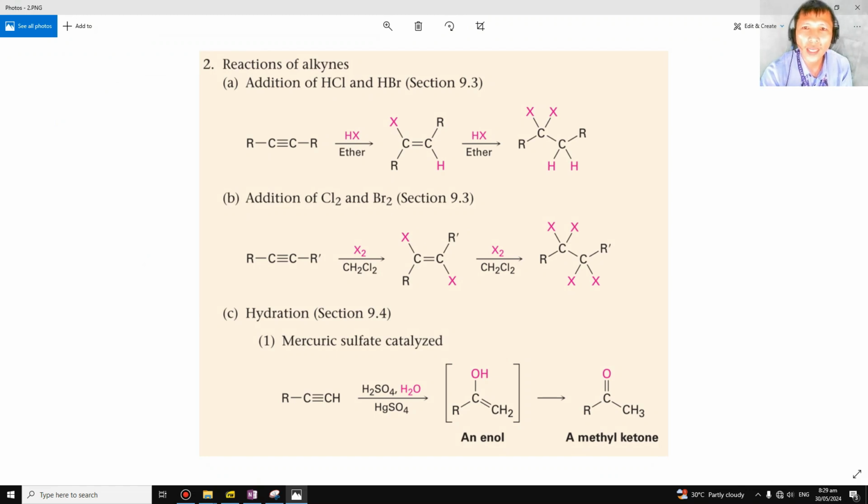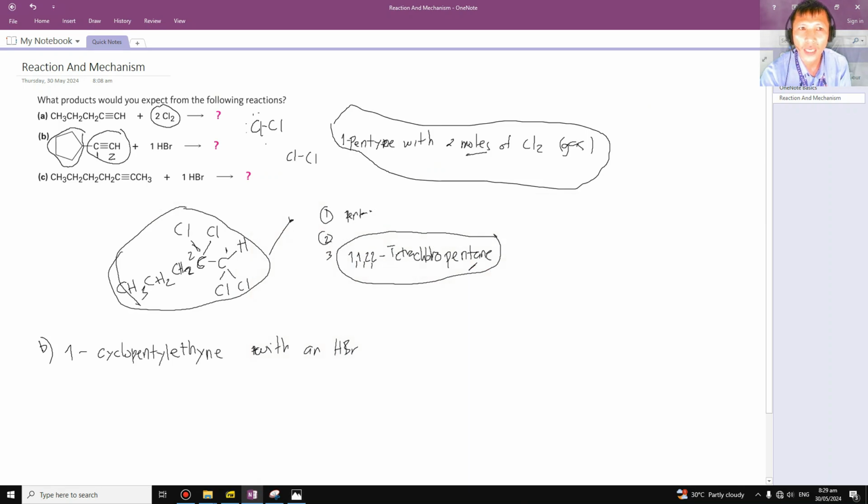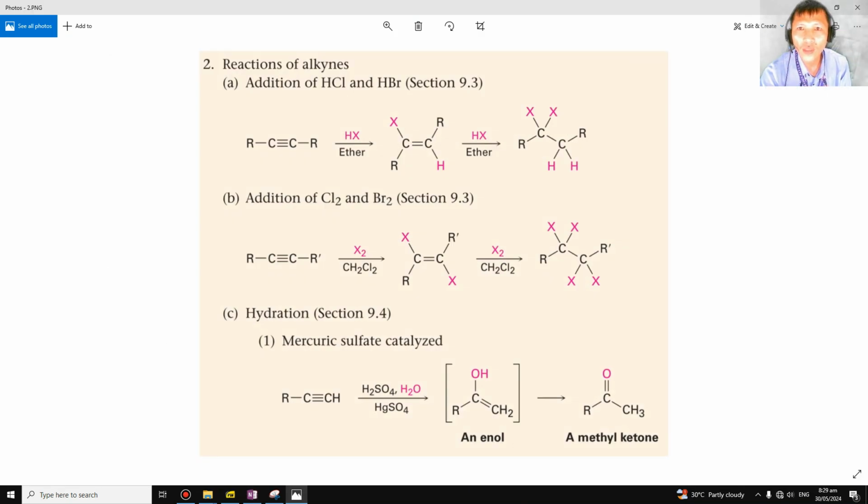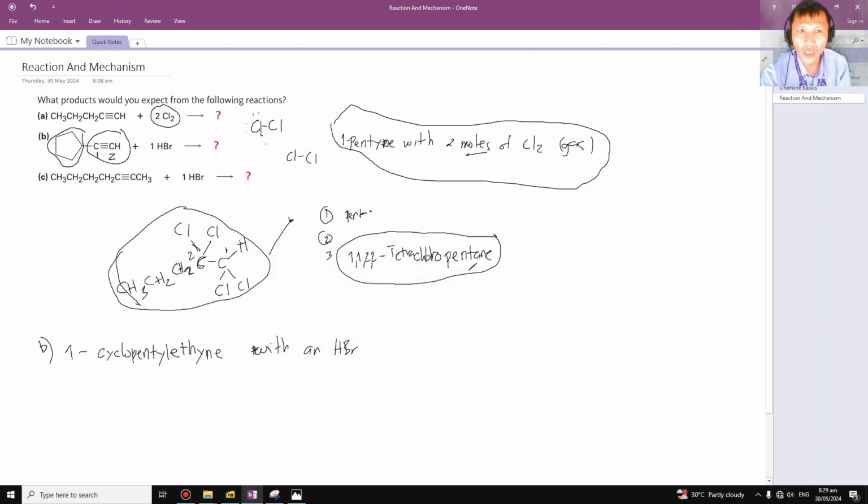your hydrogen would attach to the carbon wherein you would have less alkyl. So your R is an alkyl. As you can see here, one side is only containing hydrogen, so that is where your hydrogen will attach, the part wherein you have less alkyl. So you can expect the product would be this guy over here.